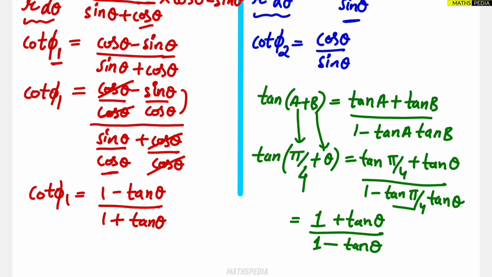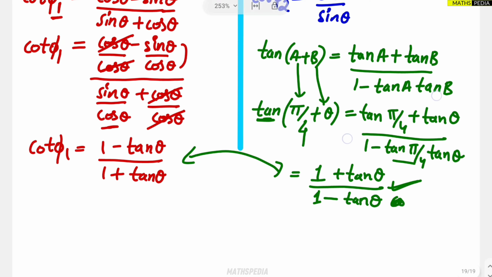Now if you observe this and this, it is quite similar. But the only problem is that both are reciprocal of each other. So this is tan of pi by 4 plus theta. This particular thing you can write as the reciprocal.